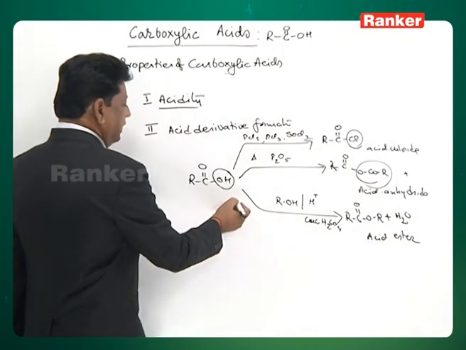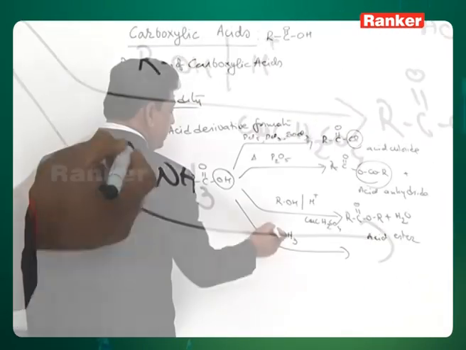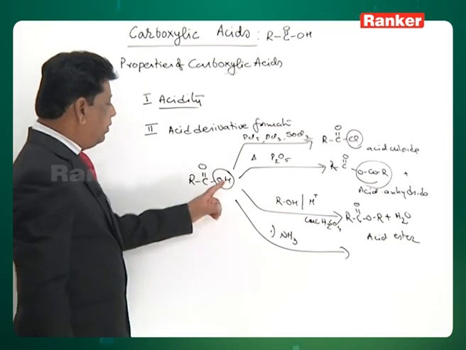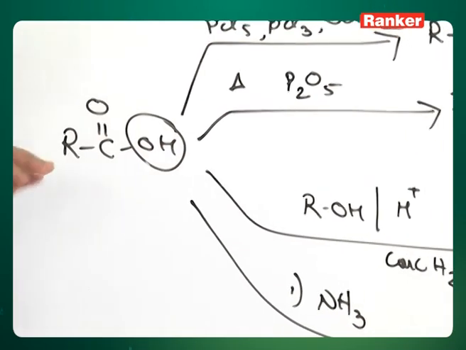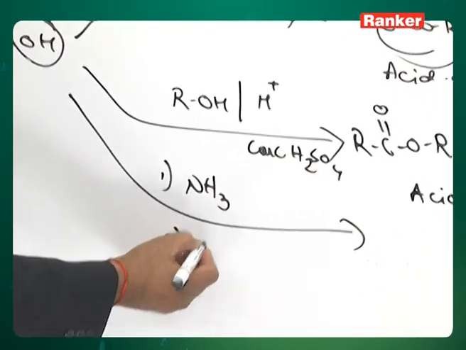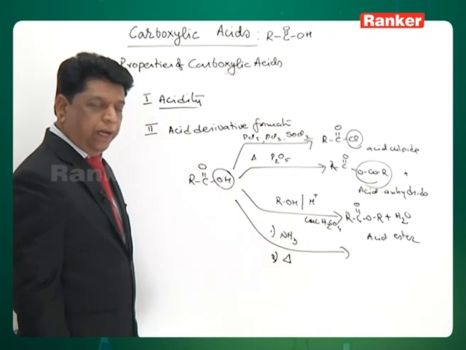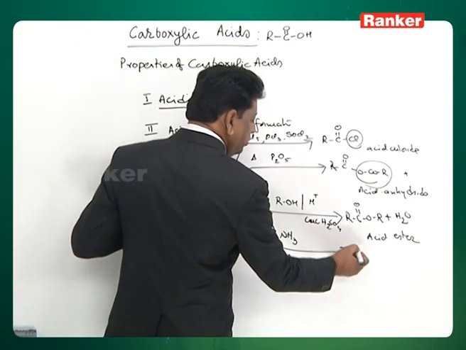Esterification reaction takes place. Similarly, when you add ammonia, the moment you add ammonia, the acid proton and the ammonia will become NH4 plus, the ammonium salt of the acid will come. But that is not the end of the reaction, you have to heat it further. Almost a pyrolysis of the salt, removal of water takes place, that gives the amide.